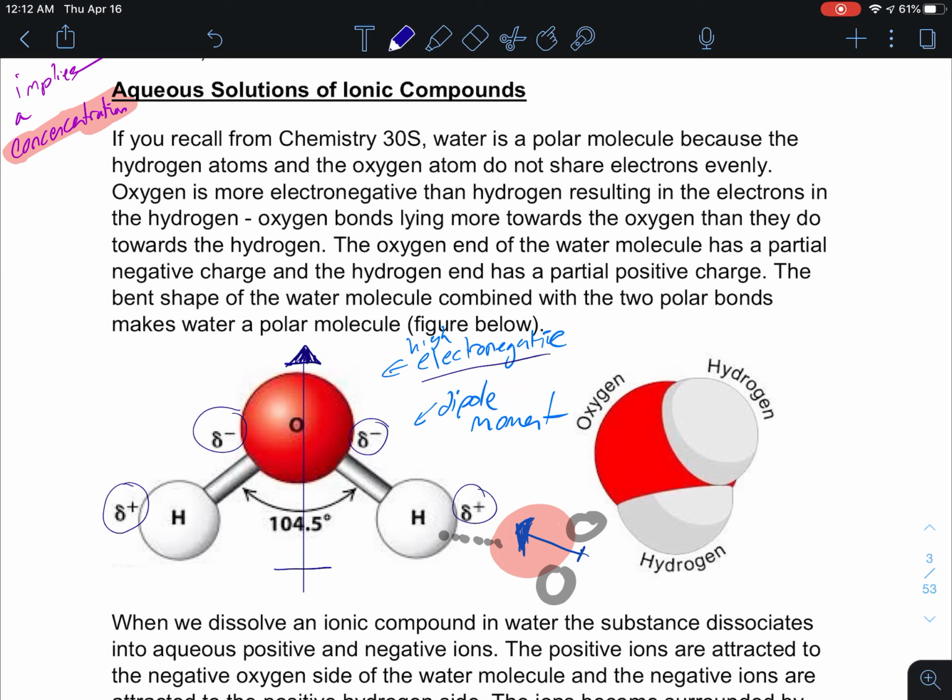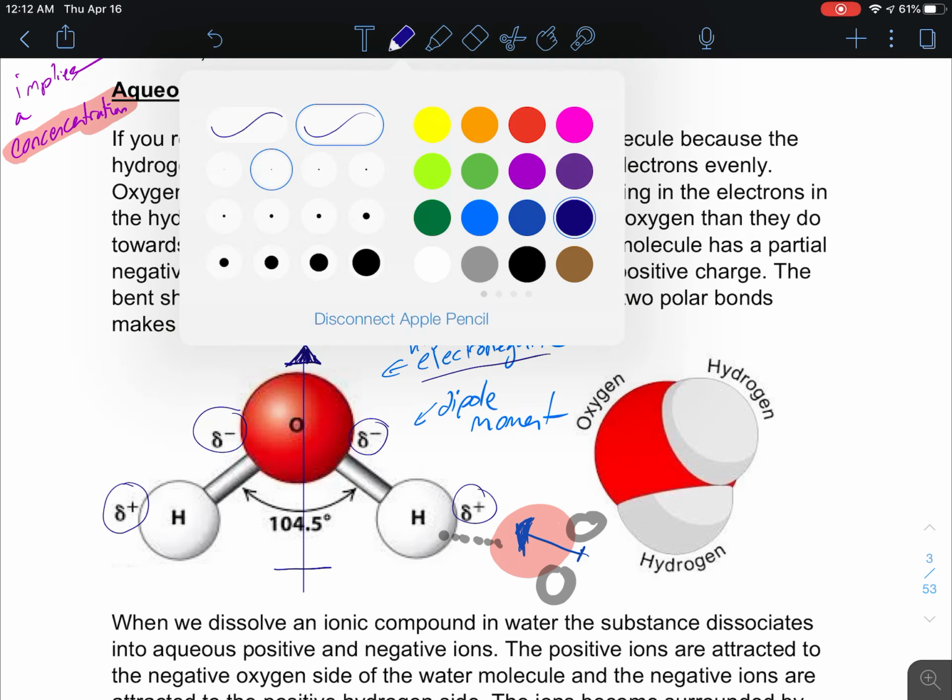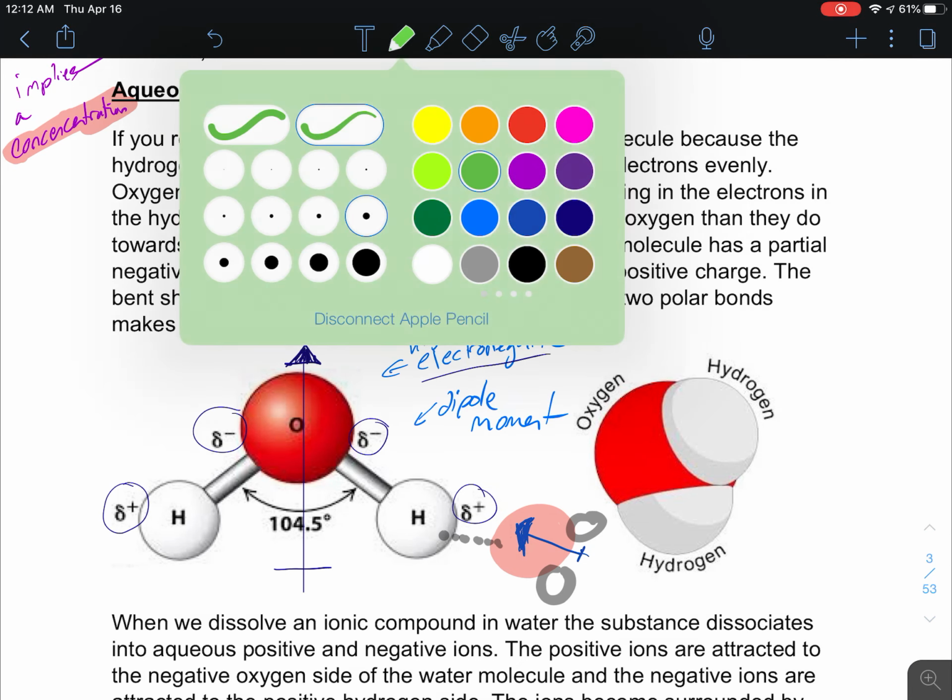And there's this little weird angle that happens, 104.5 degrees. If you go on to university, you'll learn a lot more about that 104.5 degrees and why that's a special number. But what happens here is that in each bond, we can draw what is known as a dipole moment. I'm going to pick a different color. How about green?